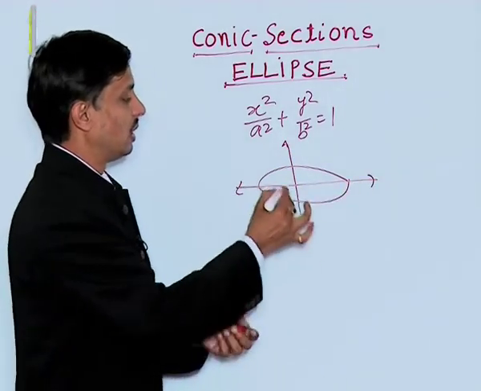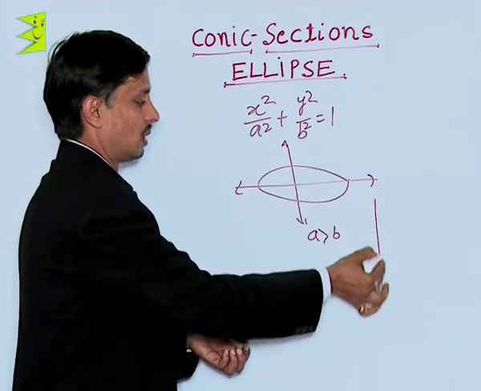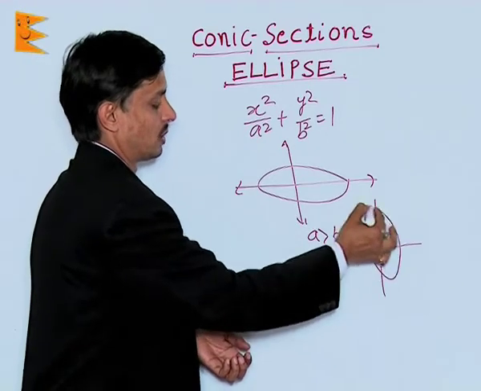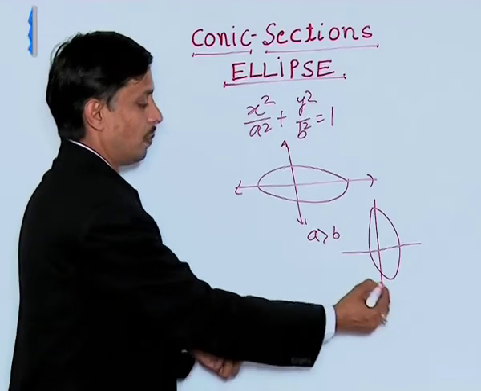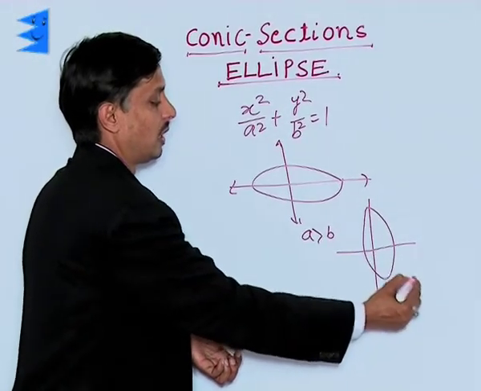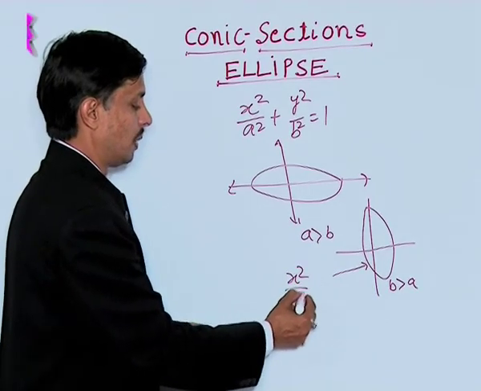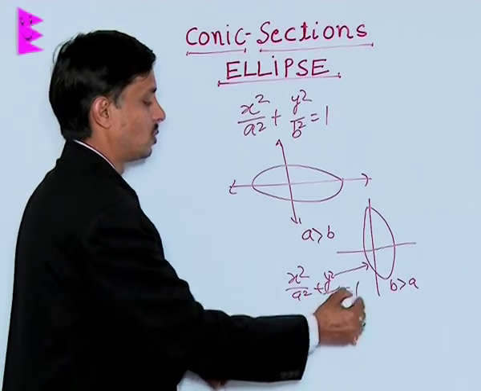Here a is greater than b. Then we can also say b is greater than a, but the equation of this ellipse is also the same, x square upon a square plus y square upon b square equals 1.